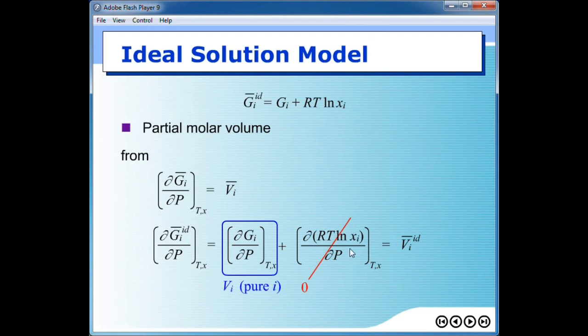If you differentiate it with respect to pressure, we do not have any pressure in it, so the differentiation turns out to be 0. So that means the partial molar volume of species i in an ideal solution is the same as the molar volume of species i as it is pure.